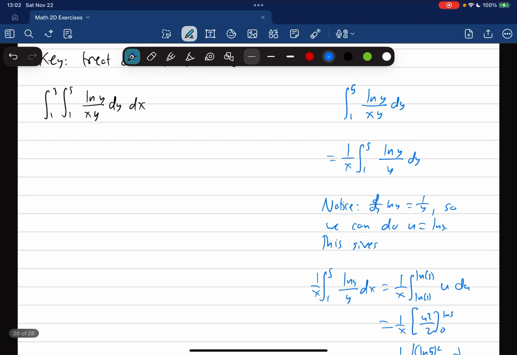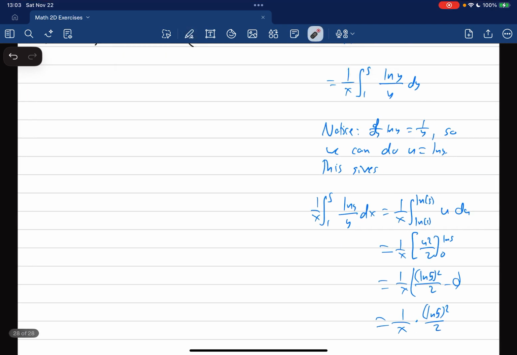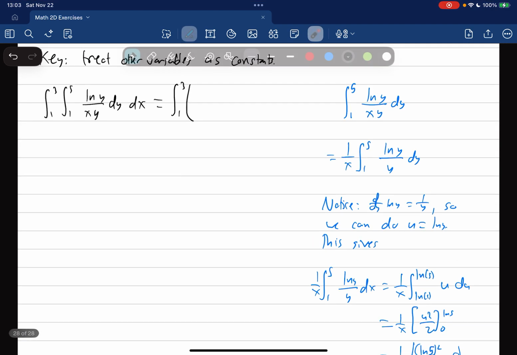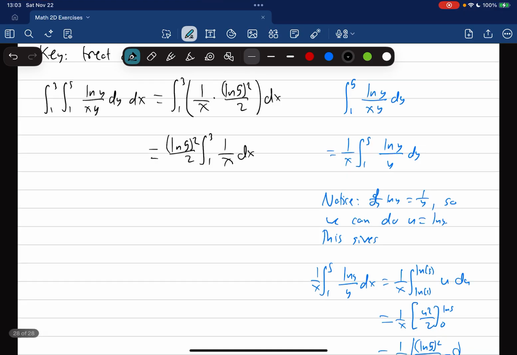So going back up to our original iterated integral, this will be the integral from 1 to 3. And now we just plug in what we calculated over here, which is 1 over x times that constant. And we're still going to integrate this with respect to x. Factoring out that constant, we get the integral from 1 to 3 of 1 over x dx.